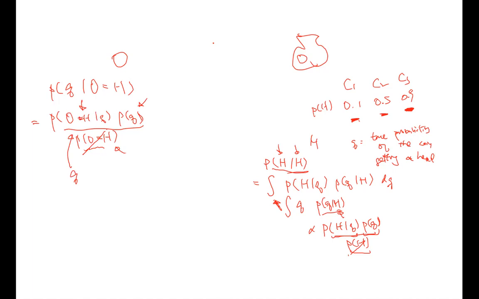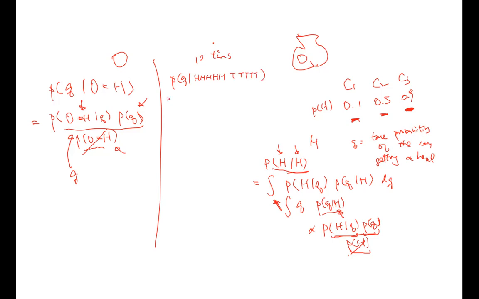Now let me give another example. I have an observation where I don't just make one toss. Let's say I toss many times, say 10 times, and maybe I have 5 heads first, and then 5 tails afterward. So this is my observation.